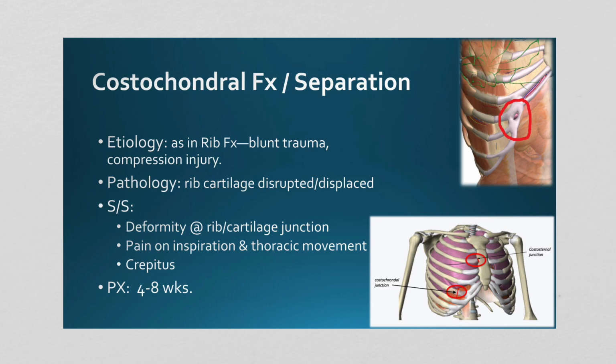And that can happen in 2 different places. It can either happen here, right at the anterior attachment site of the rib to the sternum, that's costal cartilage, or it can happen where the rib inserts onto the cartilage itself. So there are 2 different places. The implications for the injuries and where they occur are going to be different.